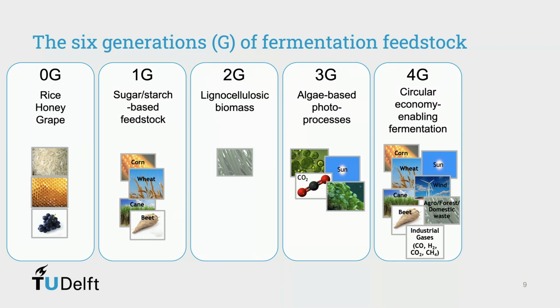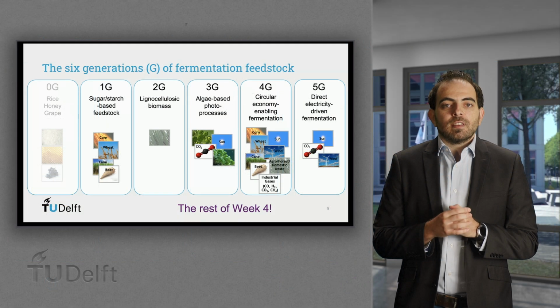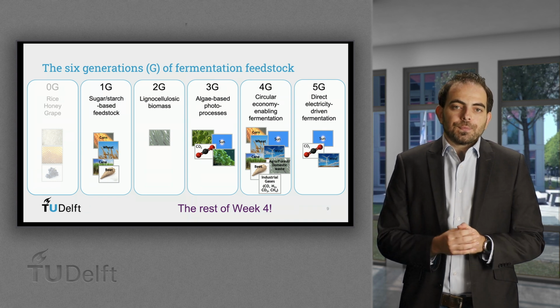Valorization of organic waste such as food waste or municipal solid waste to value-added products corresponds to generation 4 as well, which allows resource circularity. Generation 5 is the newest generation and relies on direct renewable electricity input for microbial conversion.